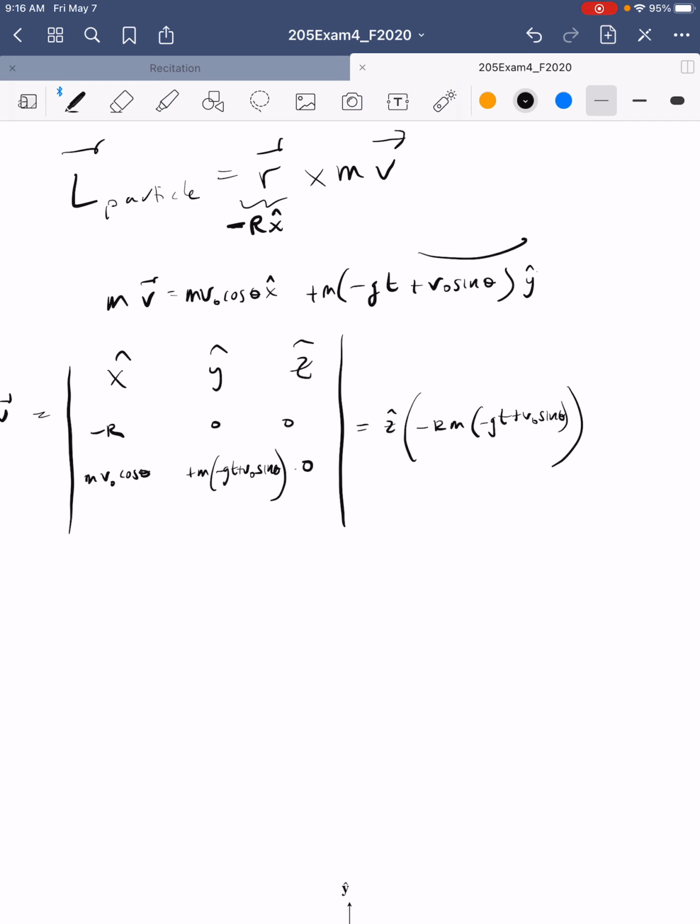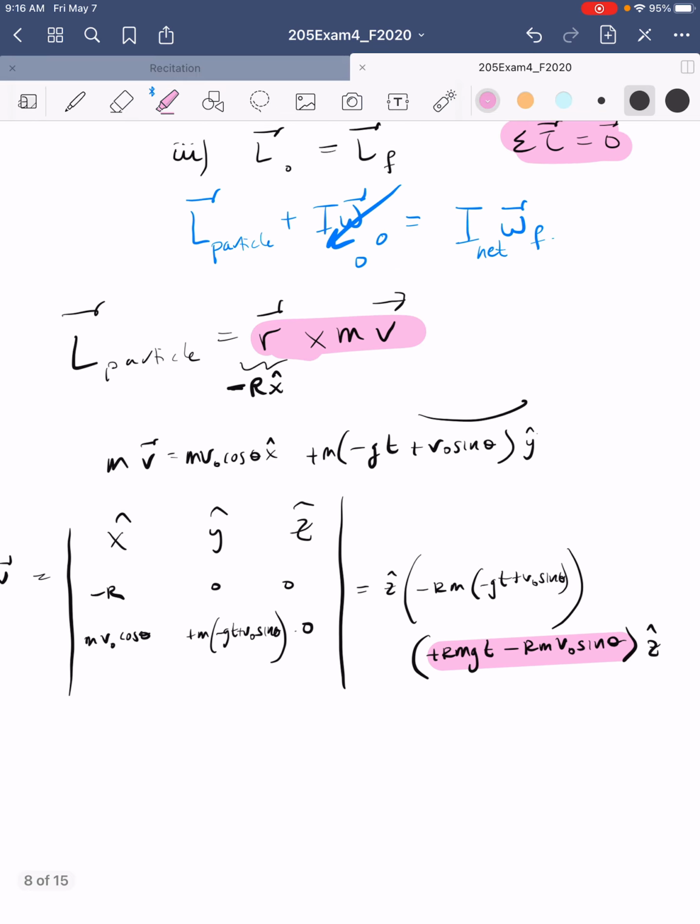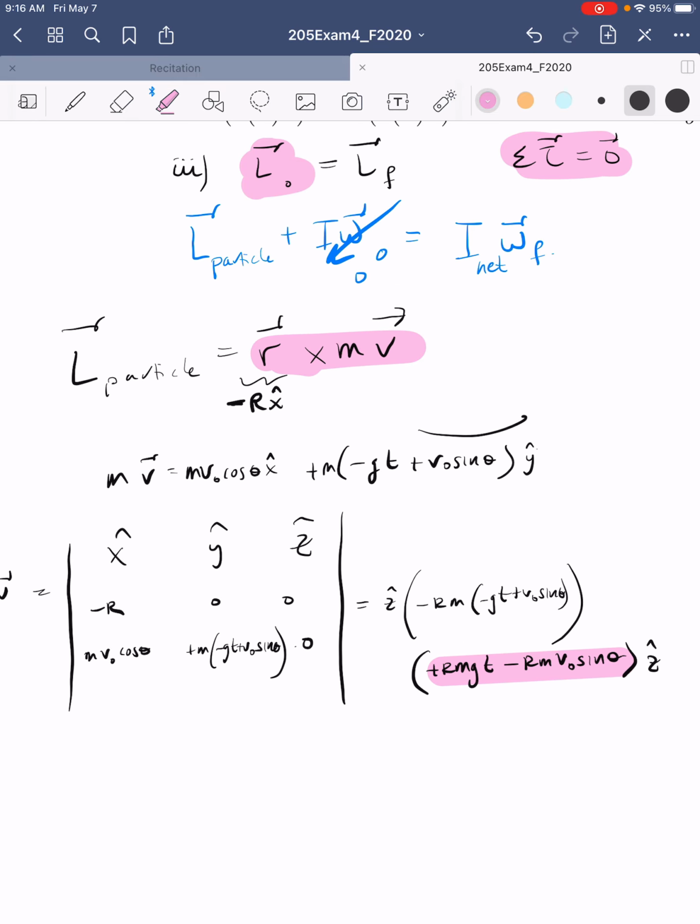I don't see the need right now. Well, actually, I'll multiply through. Okay, so this becomes positive rmgt minus rm v naught sine of theta, z hat. And that's the initial angular momentum of the particle. That's this, and that's going to go into my conservation of angular momentum on the left-hand side.